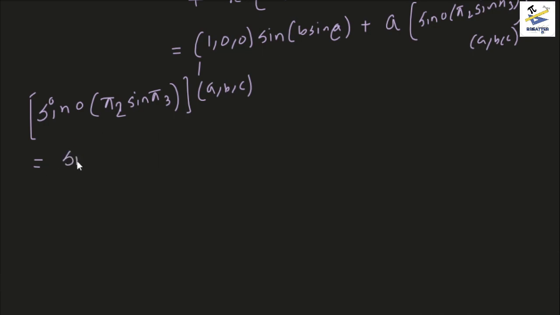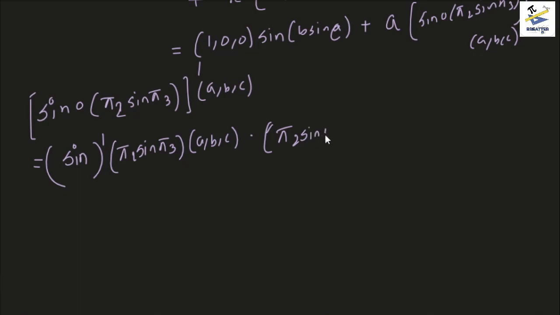Obviously, using the chain rule, this should be the derivative of sine at the point pi 2 sine pi 3 at ABC multiplied by the derivative of pi 2 sine pi 3 at the point ABC.